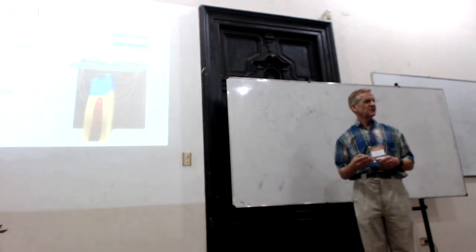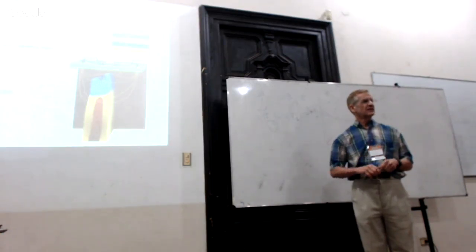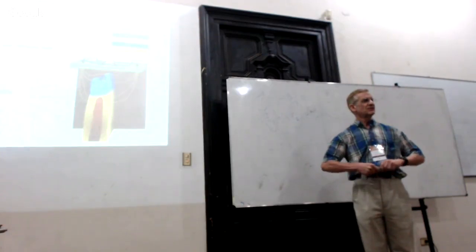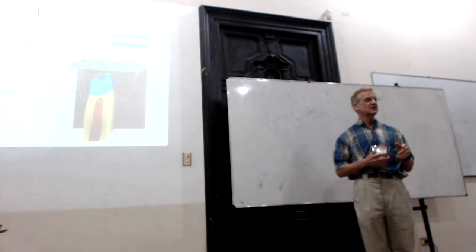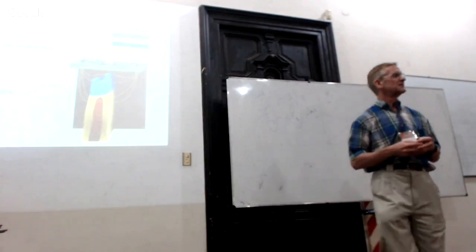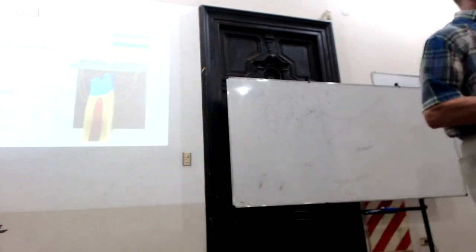If I had that, how would that give me a change? Anybody? I've got a situation in which somehow on one side, the electric field is different than the other.